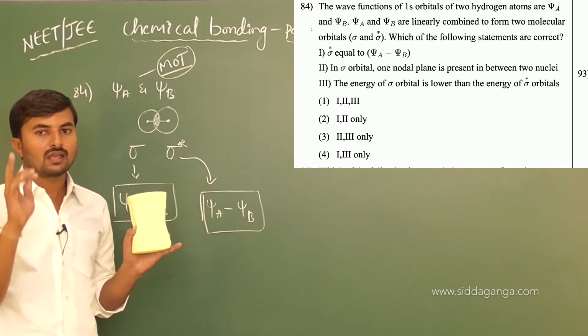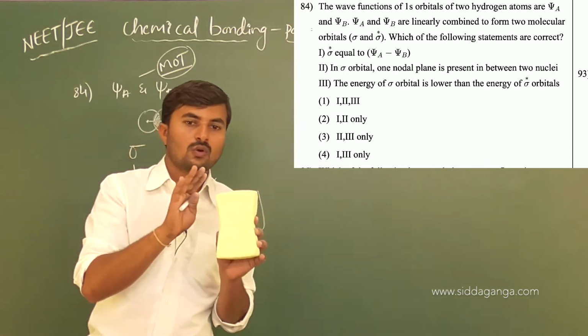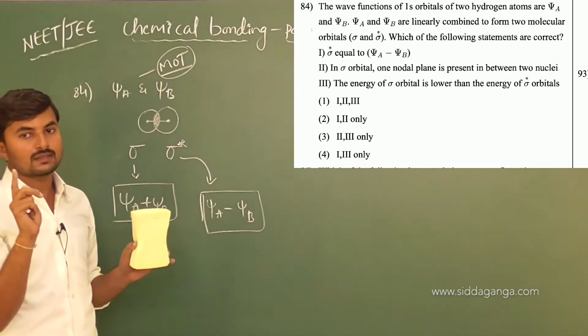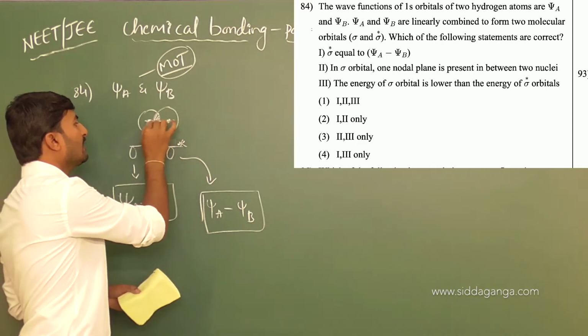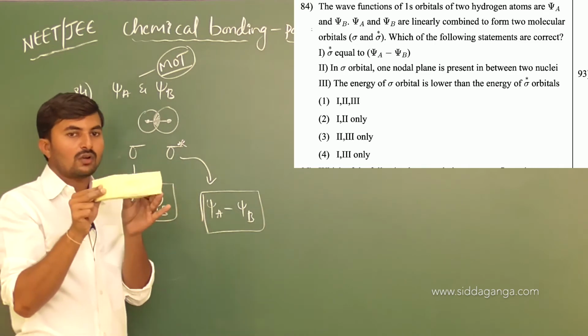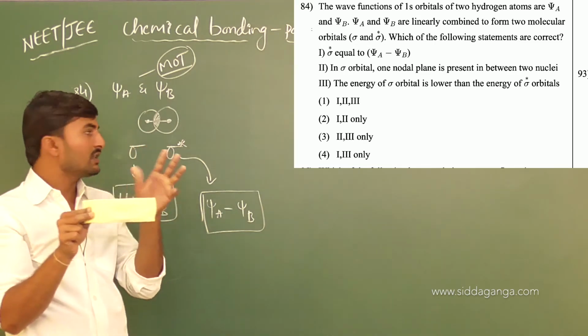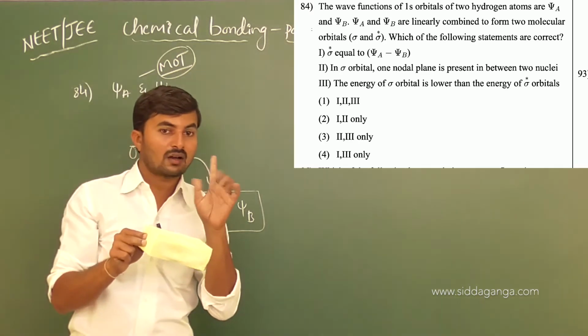Because the electron density is present along the internuclear axis, we cannot find any nodal planes here. That means the second option is the wrong option.